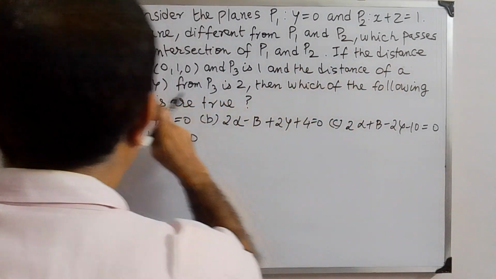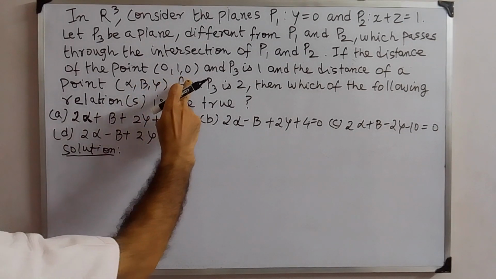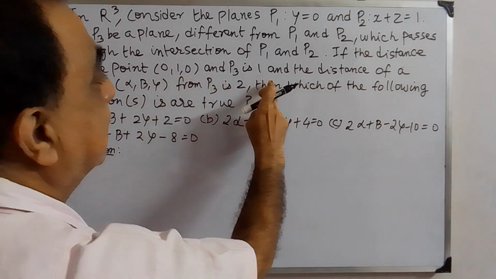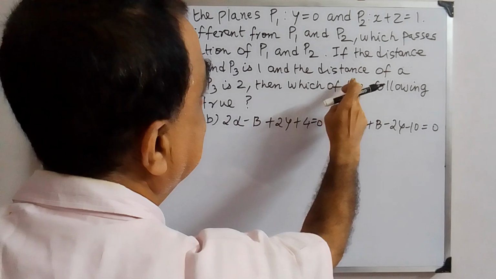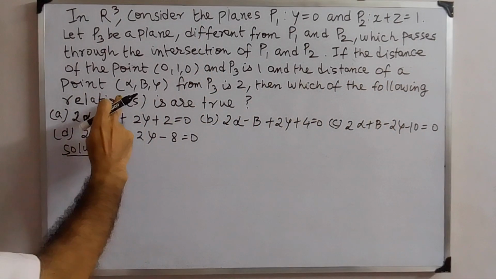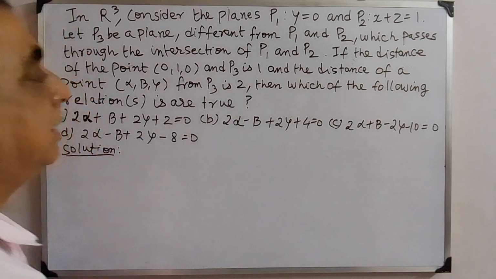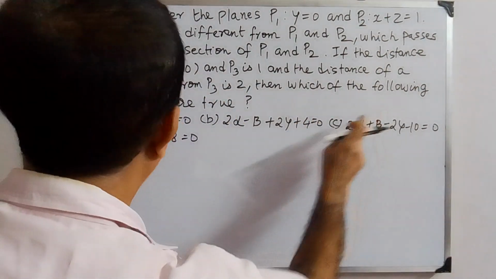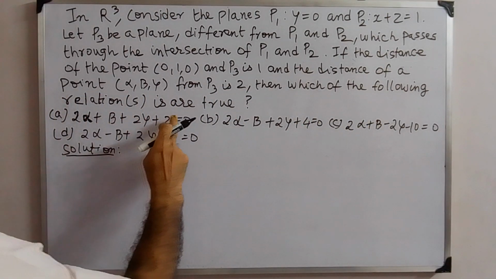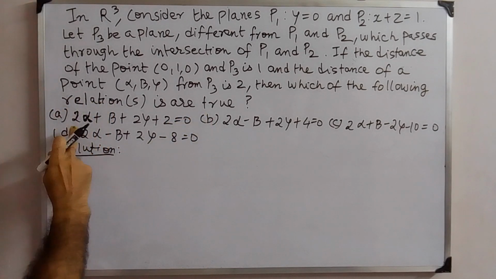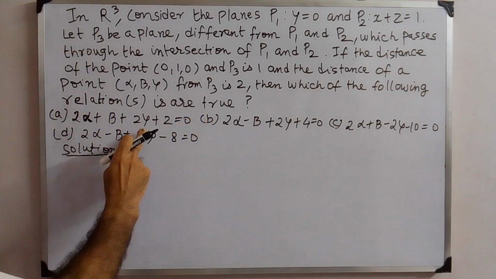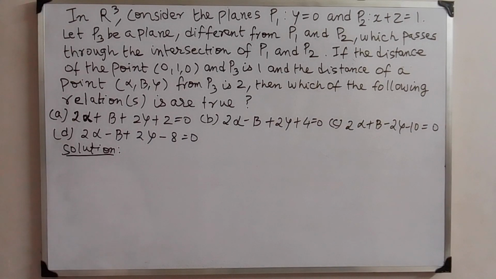Let P3 be a plane different from P1 and P2 which passes through the intersection of P1 and P2. If the distance of the point (0, 1, 0) from P3 is 1 and the distance of a point (alpha, beta, gamma) from P3 is 2, then which of the following relations are true? A option: 2 alpha plus beta plus 2 gamma plus 2 equals 0.